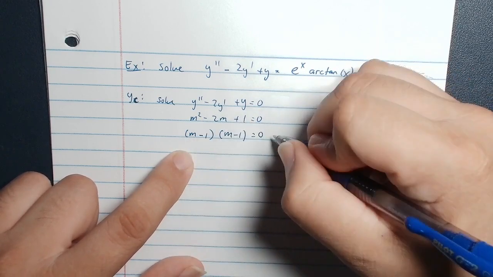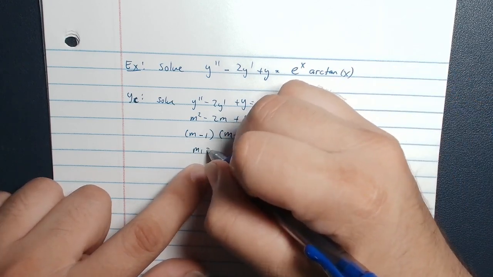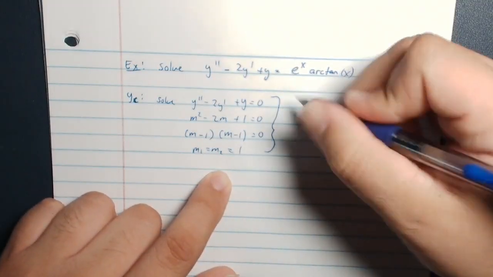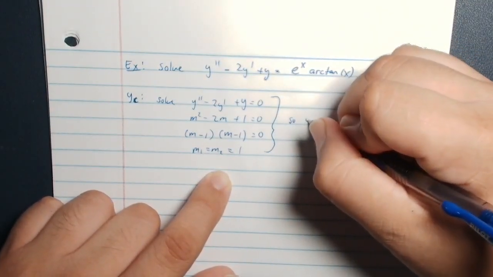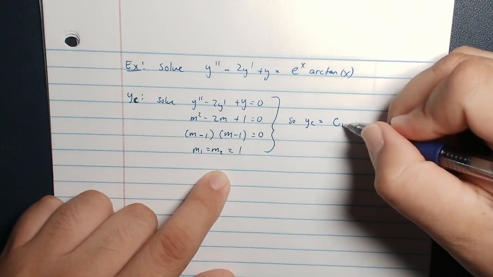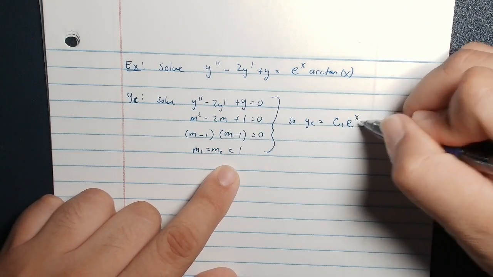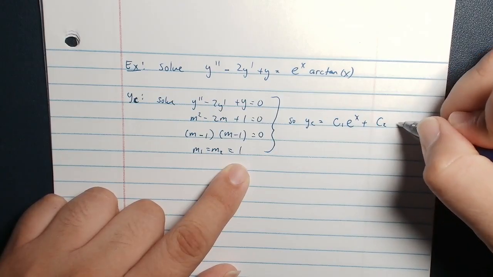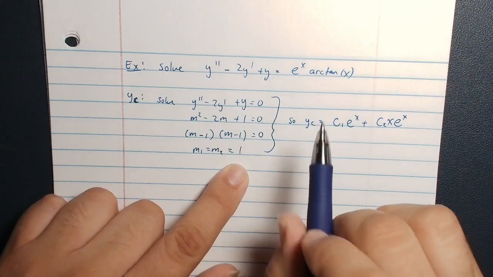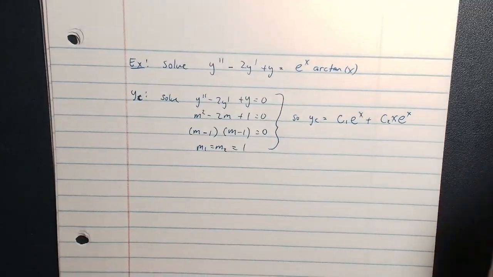And so here we get two solutions. We get m1 and m2 are both the same number. So putting all this together, we get that our complementary solution, y sub c, is equal to c1 times e to the x, and then plus c2, the same e to the x, but now we're going to multiply that times an x. That's what you do with repeated solutions to an auxiliary equation.